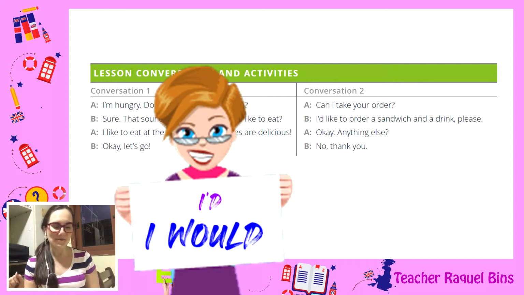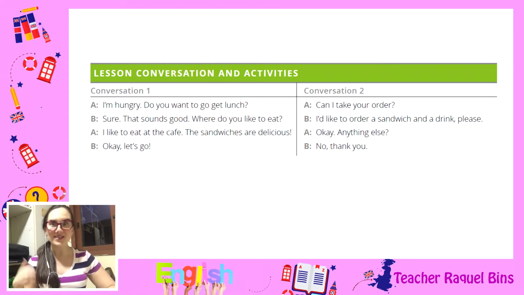É bem assim a pronúncia. I'd like to order. Então, ele pede sandwich and a drink. Sanduíche e uma bebida. E depois o garçom pergunta, the waiter asks, anything else? Algo mais? No, thank you. Então, essa é a maneira de fazer um pedido. E essa foi a conversation da aula de hoje.